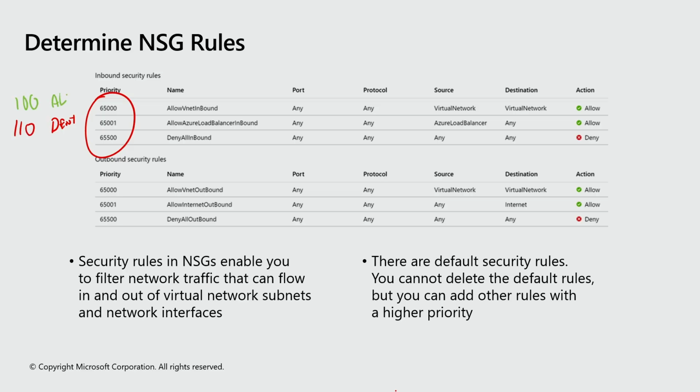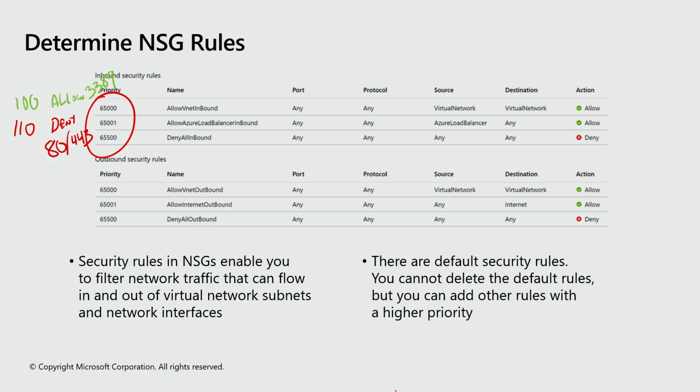So I've got an allow, and I'm going to allow 3389, which is the RDP port that you might be familiar with. If it's 3389, allow it, but if it's port 80 or 443, I'm going to deny it. Every other port, don't deal with it. If it's 3389, it's the first rule, it gets allowed. If it's port 80 or 443, it's going to be denied.